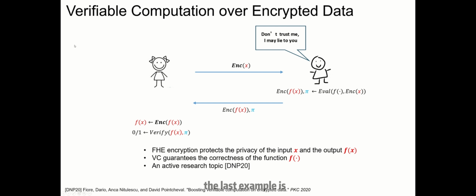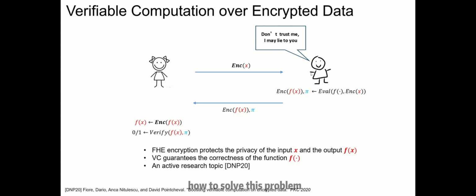The last example is a very active research topic in recent years called verifiable computation over encrypted data. In the standard FHE paradigm, Alice encrypts her data X and sends it to Bob. Bob locally performs an evaluation procedure which returns an encrypted result Fx. However, it remains a problem if Bob cannot be trusted and the result may be wrongly computed.